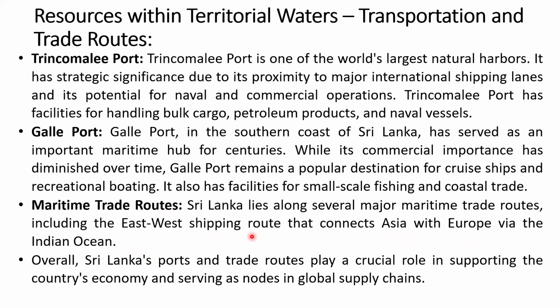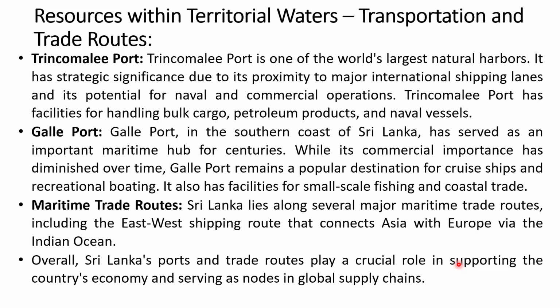Now, with our strategic location, we can be a global supply chain management country. Because most of the ships need fuel, and they need other logistics like food and water. Our country can provide these kinds of facilities to facilitate international maritime trade.